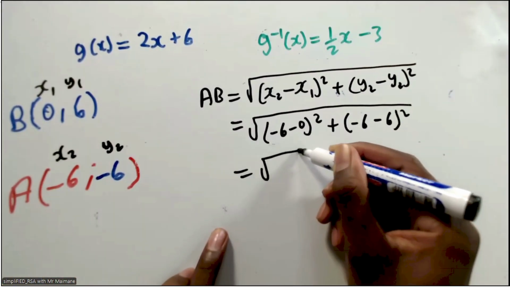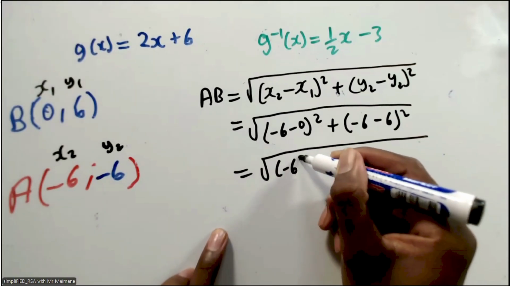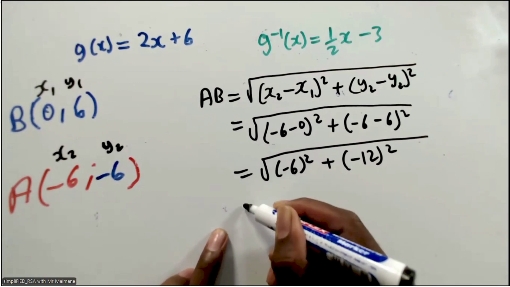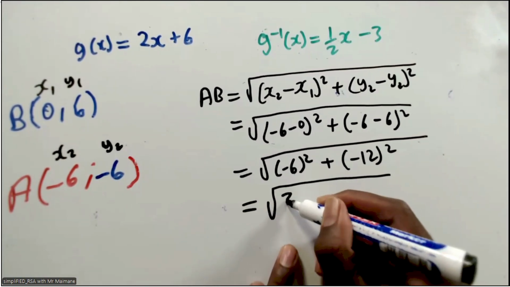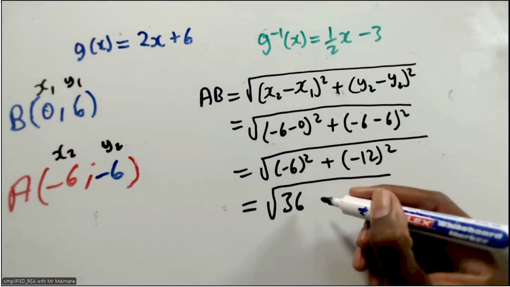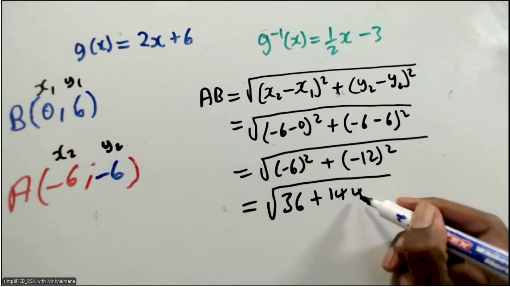This is going to be (-6) squared plus (-12) squared. Therefore, (-6) squared will give me 36, plus (-12) squared will give me 144.